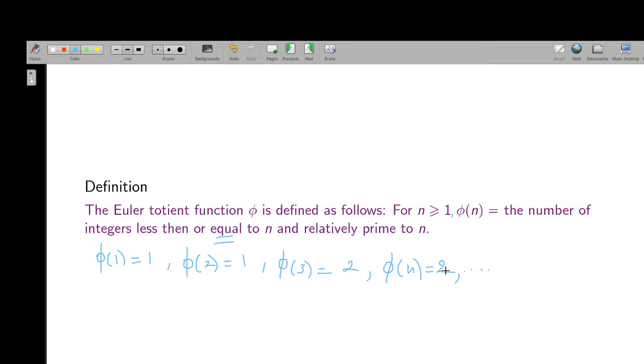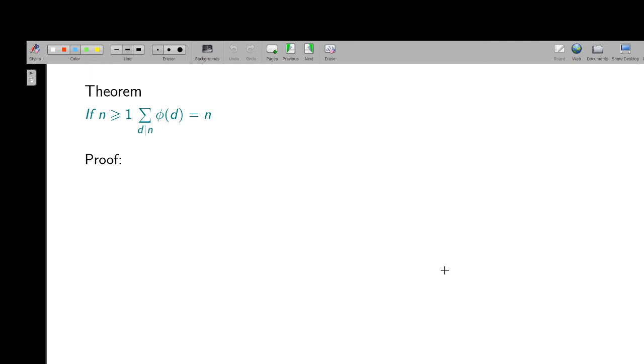So we will first prove this formula. Try to keep focused on what we are doing. I'll give you a break in the middle so that you don't get too tired.